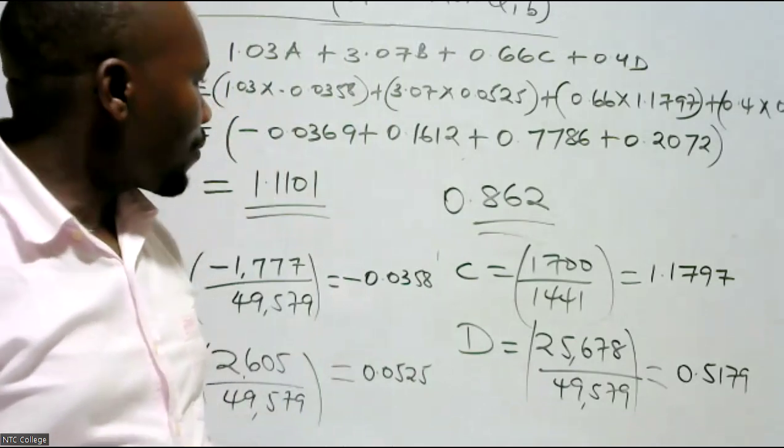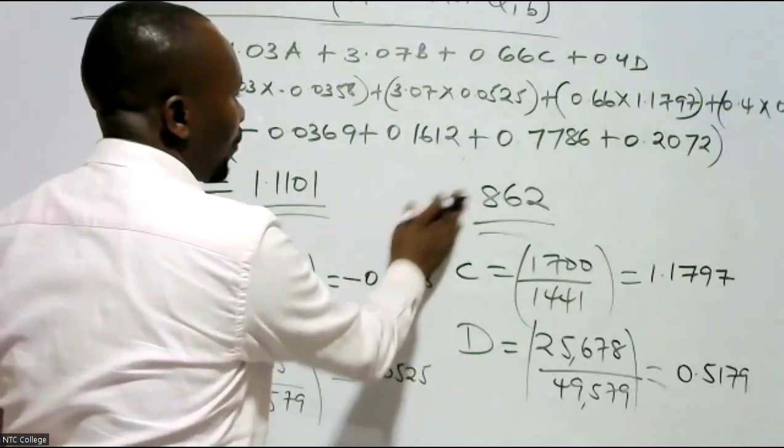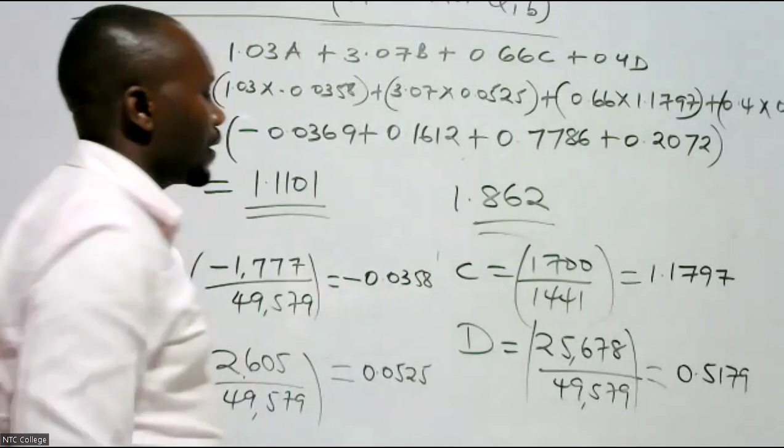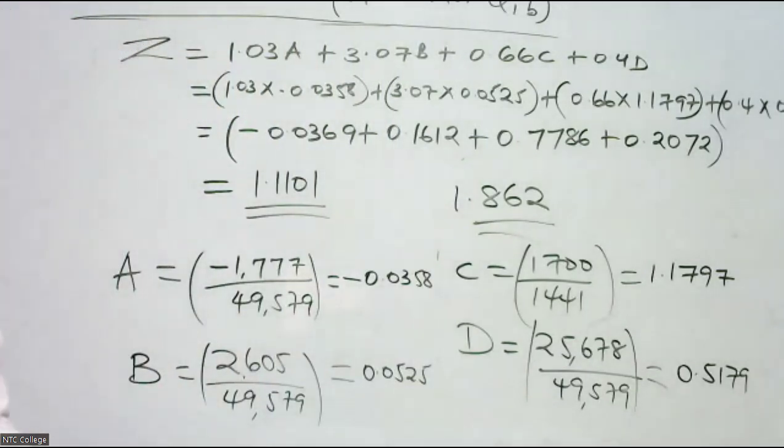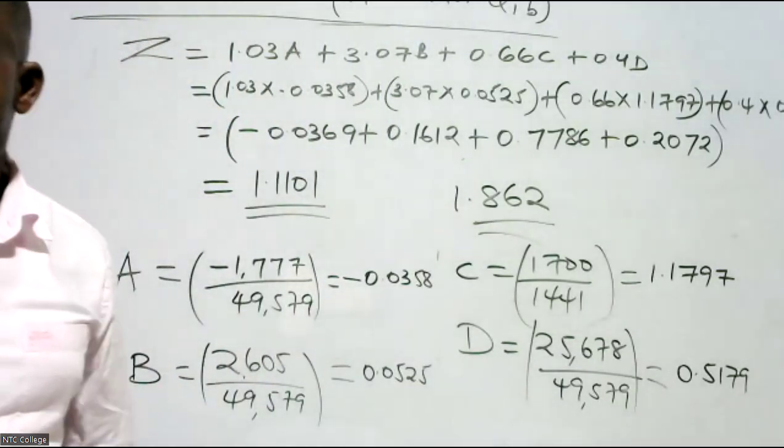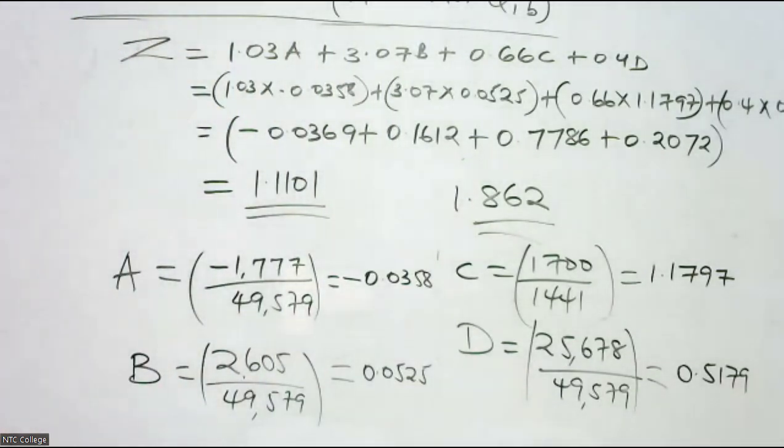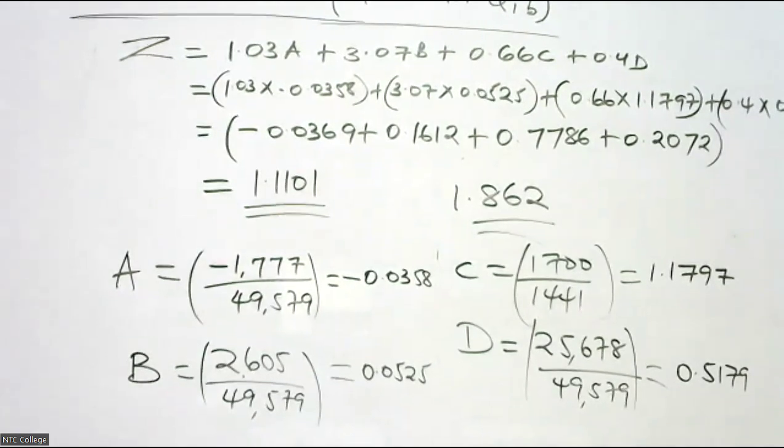Did I say 0 point? It should be 1.862, not 0.862. The parameter is 1.862.